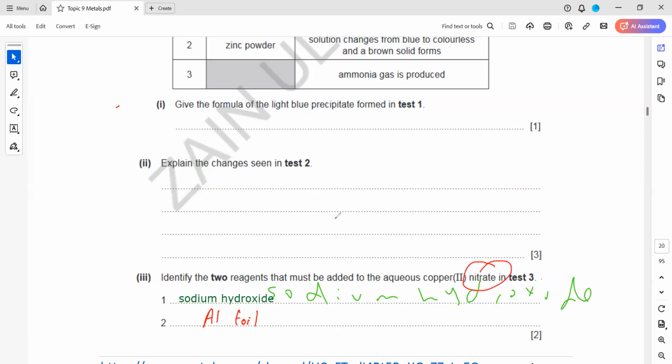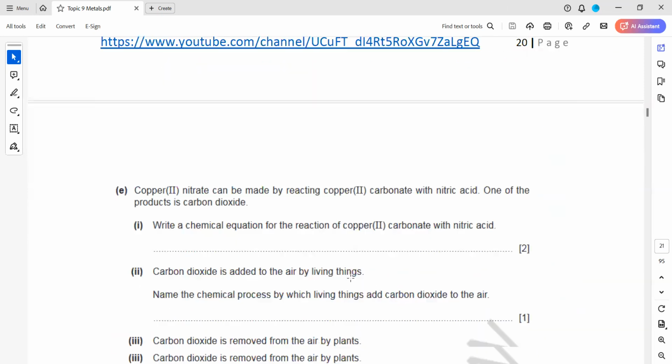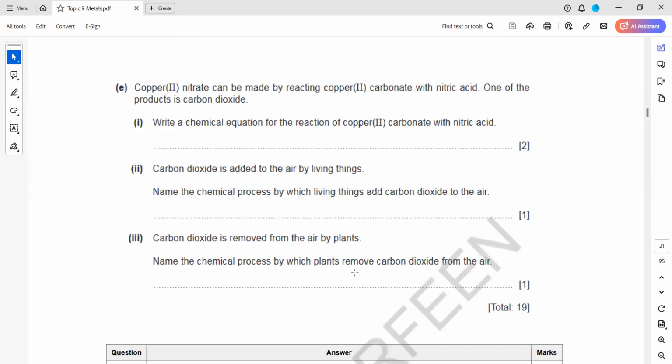Because this is a test for nitrate ion. Sodium hydroxide and aluminum foil. If it was only a test for ammonium ion, then we add sodium hydroxide and heat. But for nitrate ion, sodium hydroxide, adding aluminum foil and then heat.